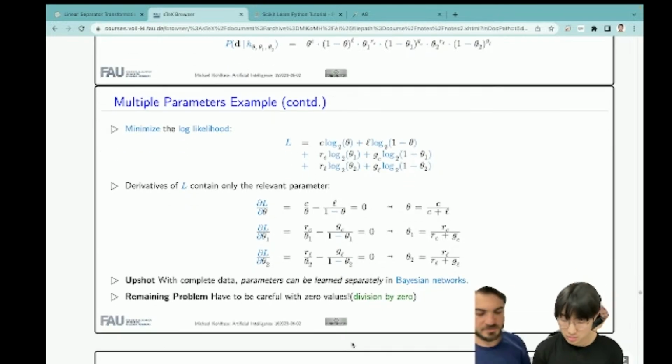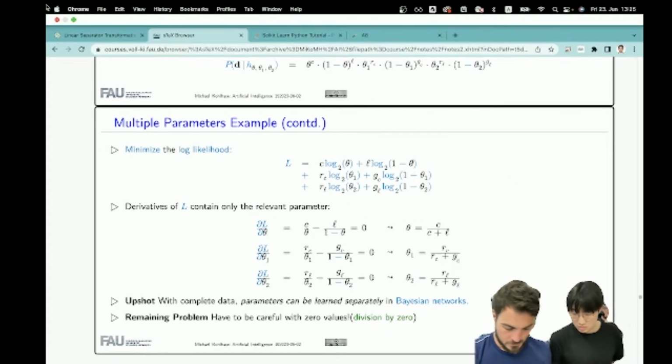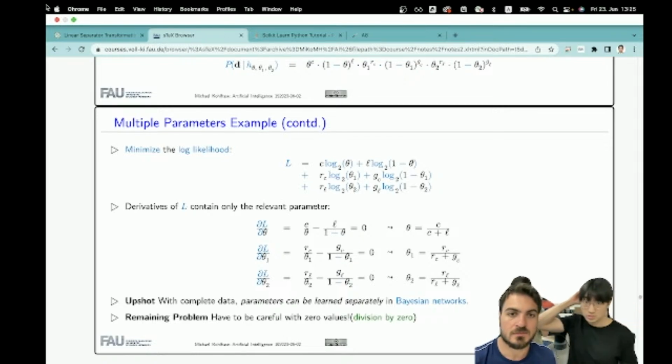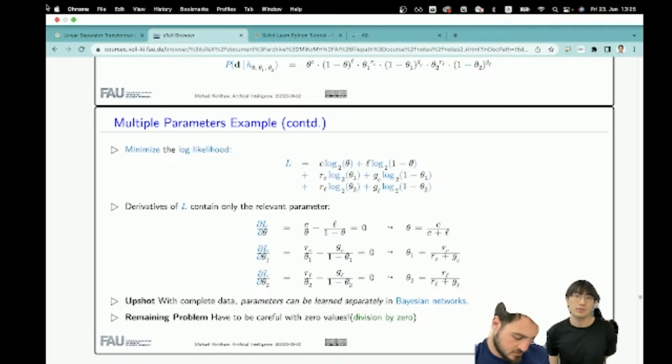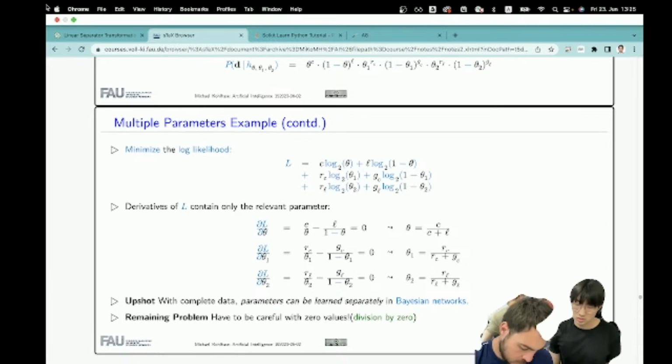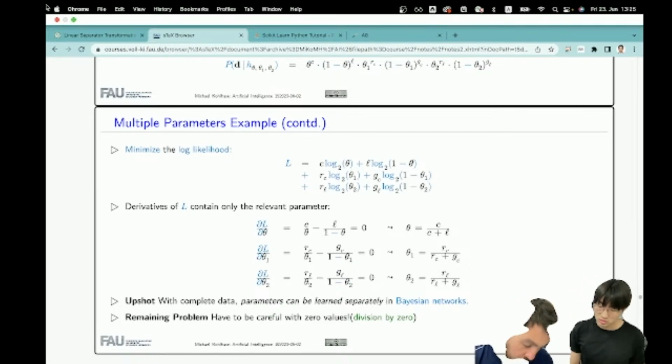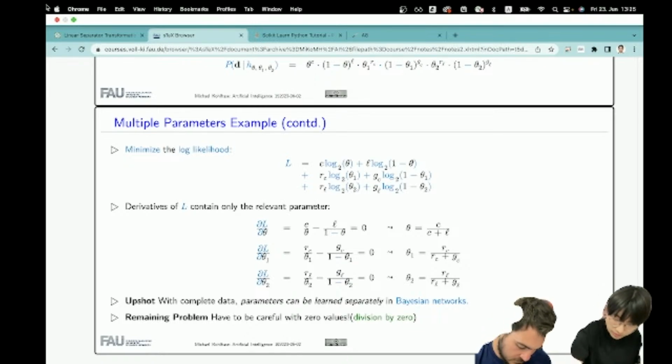L, C and L were the number of rainy and not rainy days. So just using this formula.